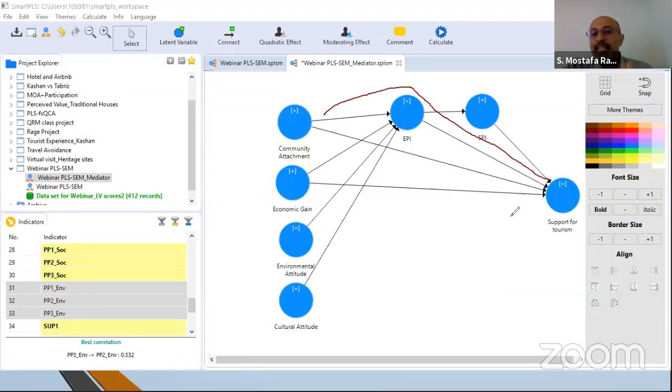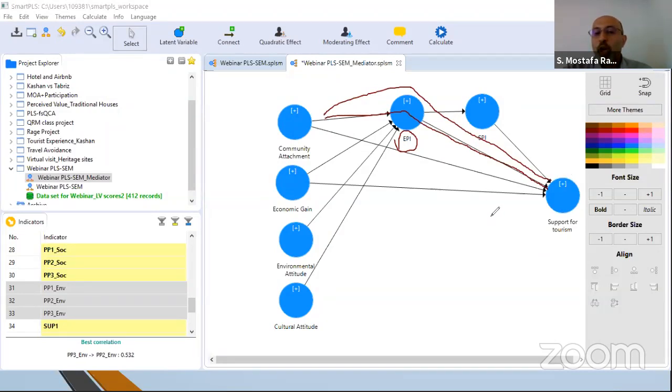You say community attachment has an effect on support, but through EPI, without considering all other relationships. Through the EPI, this is your hypothesis. Community attachment has an indirect effect on support through EPI, meaning this indirect relationship. So EPI is now the mediator between these two.